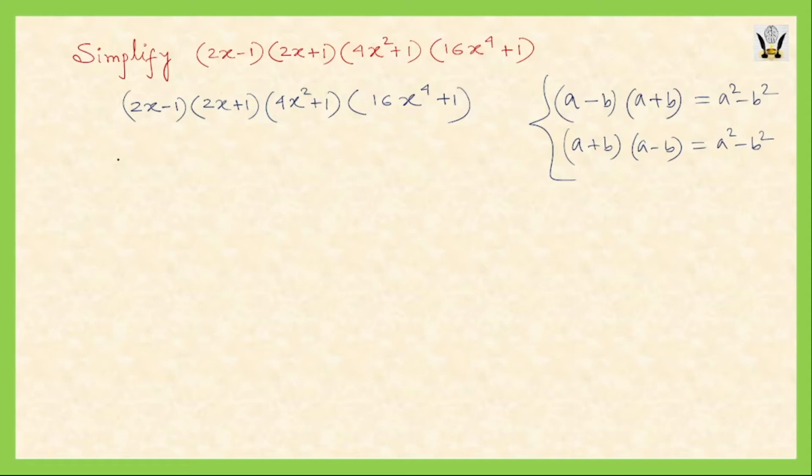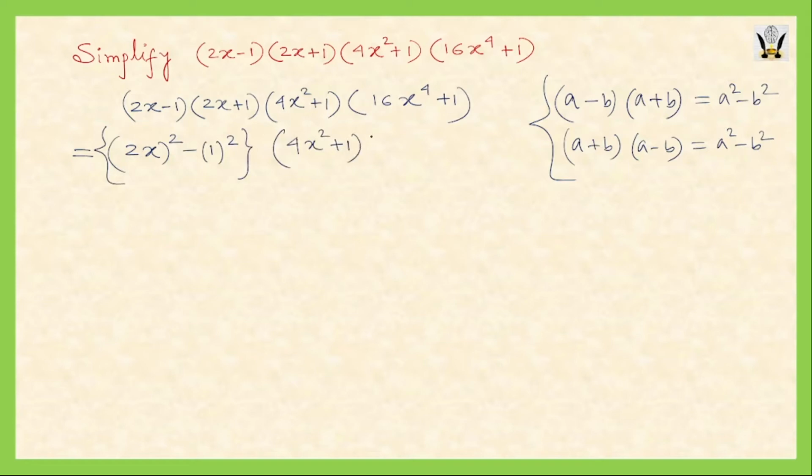So we will assume 2x as a and 1 as b, and write this value a square minus b square after using this identity. So directly it will be 2x whole square minus 1 whole square, and the rest of the terms we will write as they were.